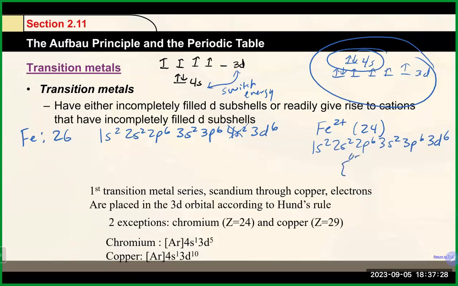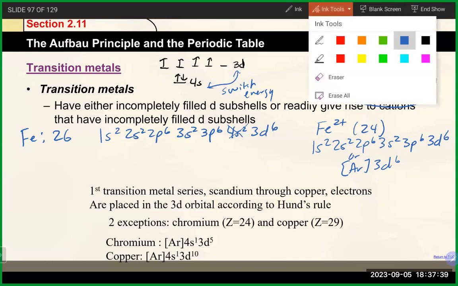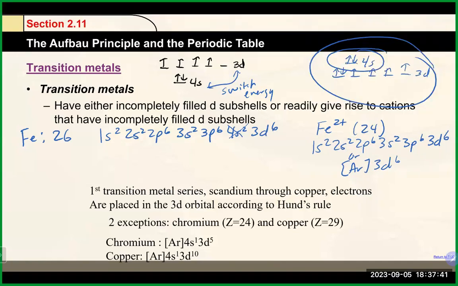Or you could do a little argon 3d6 if you like. So what happens now if, say, iron actually made a +3 charge? If iron had a +3 charge, it would then have 23 electrons, which means it actually needs to lose 3 electrons from its neutral state.